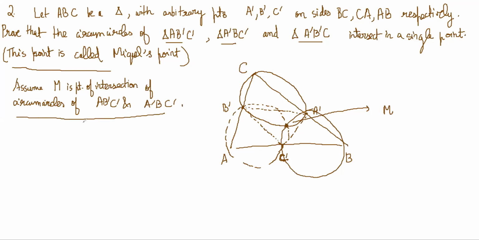Assume that, and prove that M lies on the third circumcircle, which is A'B'C. So that will be enough to prove it. That is the strategy.